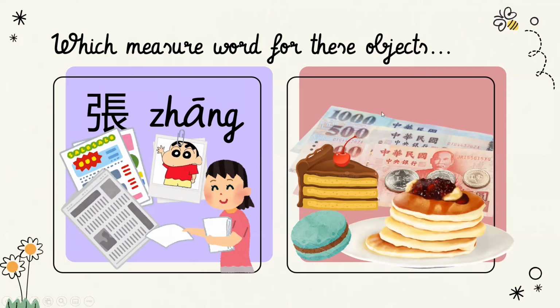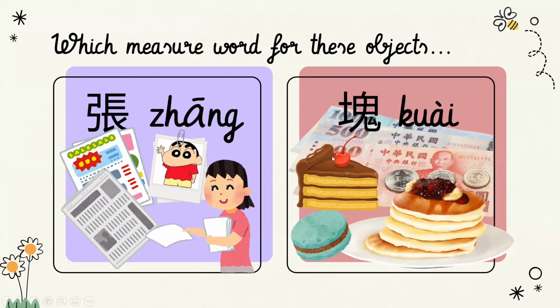Okay, how about the right side? What measure word will we use for the money, for the cake? Like a piece, right? A piece of pancake, a piece of cake. We use 块. 10块 100块 500块 1000块钱, it means money.